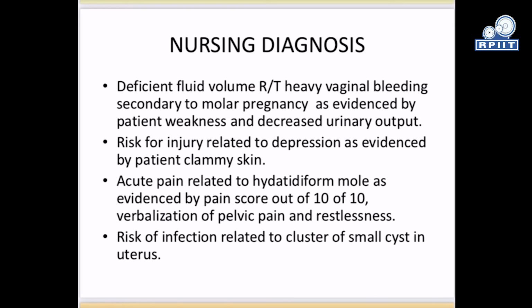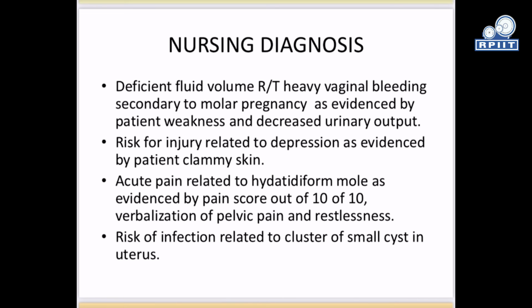Next is nursing management and nursing diagnosis. First, deficient fluid volume related to heavy vaginal bleeding secondary to molar pregnancy, as evidenced by patient weakness and decreased urinary output. Risk for injury related to depression, as evidenced by the patient's Glasgow Coma Scale.